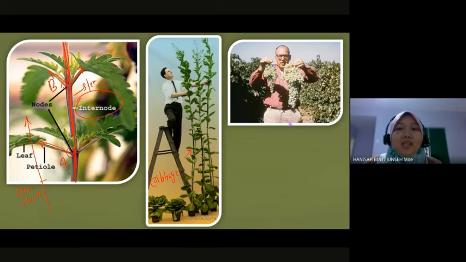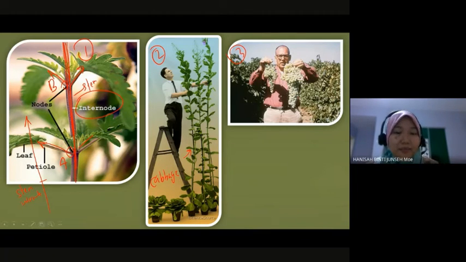All right. So by looking at these three pictures, number one, number two, number three, it gives you the idea of the function of gibberellin. So gibberellin is to stimulate the elongation of stem or internodes, and it also helps in the development of fruits, flowers, and leaves.